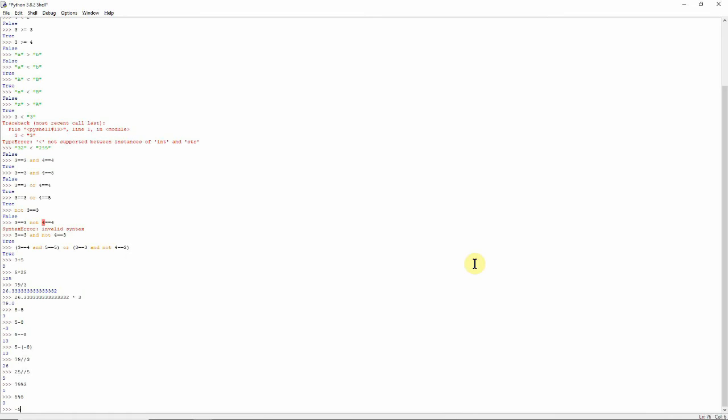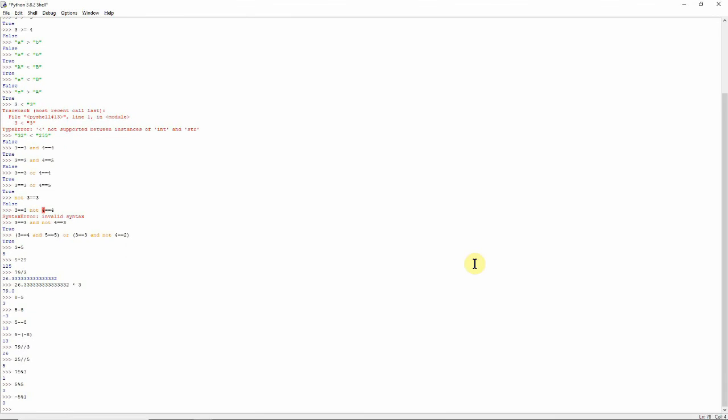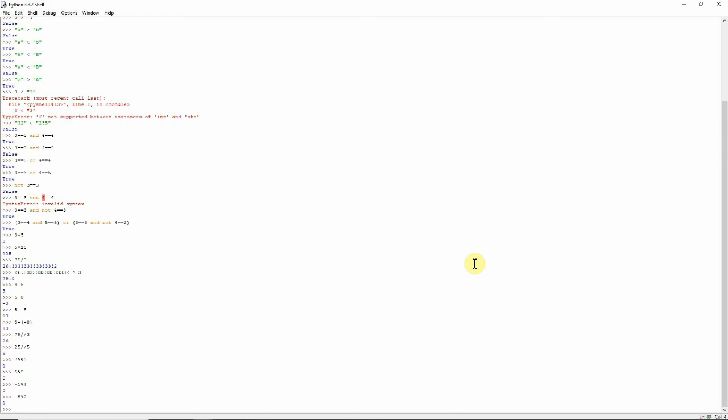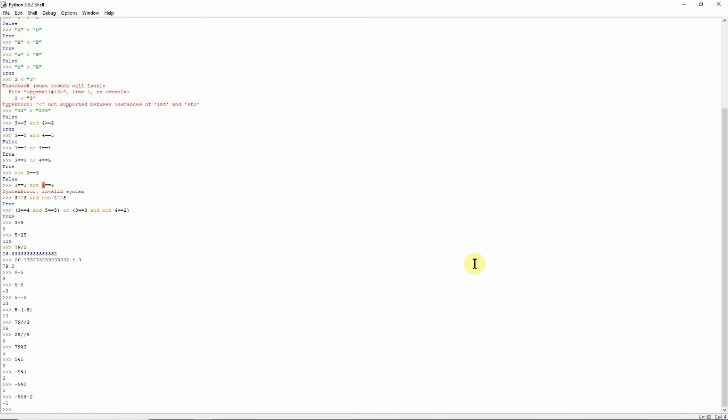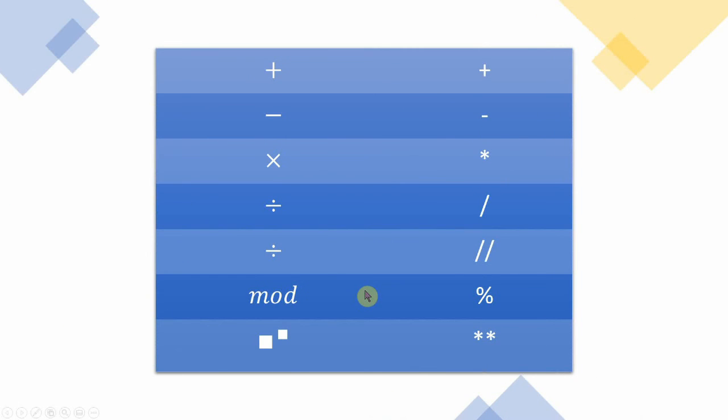It's kind of interesting with negative numbers though, because if we do negative 5 mod 1, we get 0, and if we do negative 5 mod 2, we also get 1, so it will make it positive. If you do mod with negative numbers, it also gets kind of strange, but generally you'll stick with positive numbers.